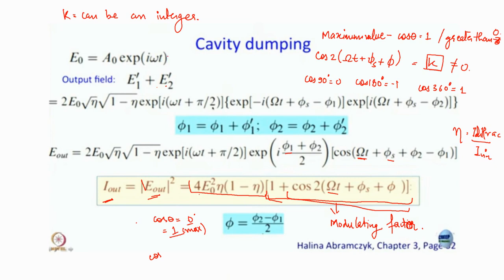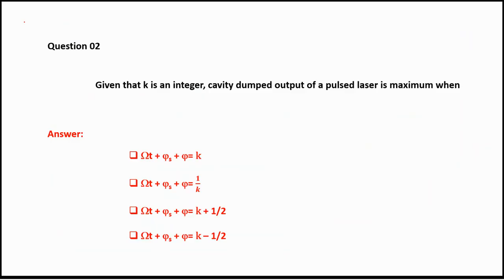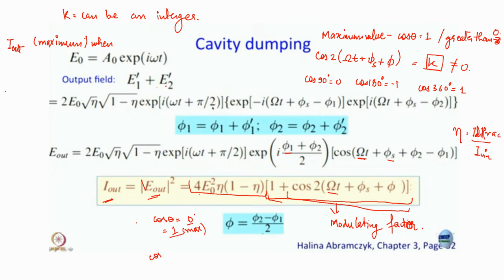So whatever we got from the relation, the I output is maximum when this value, omega t plus phi s plus phi, is equal to some value of any integer. So this is the relation for the maximum.